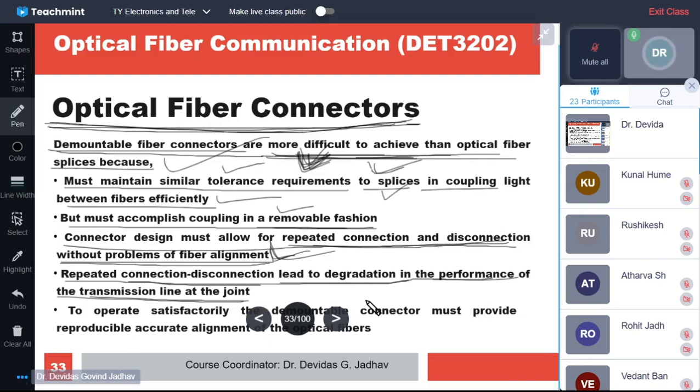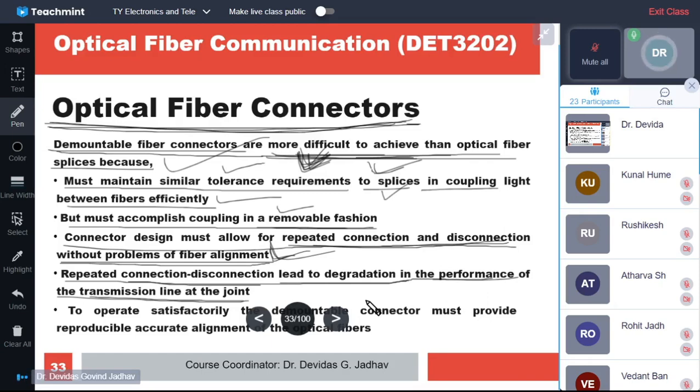Again there is a mounting, the same alignment should be produced. Again there is a demounting. Again if connectors are connected, the same alignment should be produced. So to operate satisfactorily, the demountable connector must provide reproducible accurate alignment of the optical fibers.